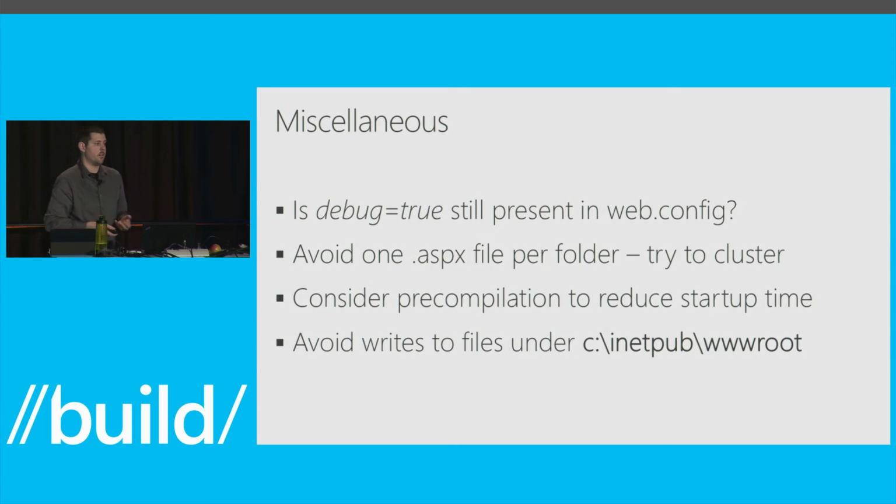That fourth bullet point there. If you write underneath the wwwroot folder, ASP.NET and IIS have file change notifications set up on that folder. The reason we do that is we need to look for changes to web.config. We need to look for changes to the bin folder. And we actually track all changes underneath the website. Now, because there's one file system watcher set up for the entire site, it could be that if you have many, many, many writes to a subfolder underneath there, you could actually overwhelm our file change notification system.